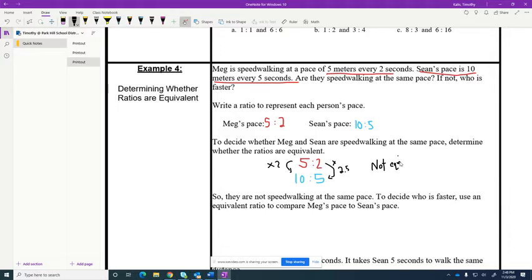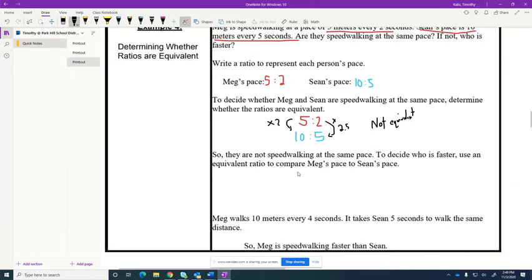Now, we know that they're not equivalent. So the next step is we have to determine who, since we know they're not walking at the same pace, who is faster. So in order to do that, we have to use an equivalent ratio to compare Meg's pace to Sean's pace. Okay, so now we're going to use an equivalent ratio.